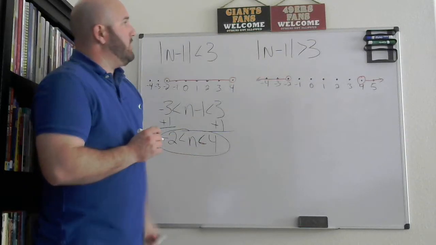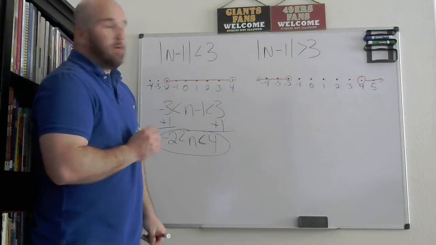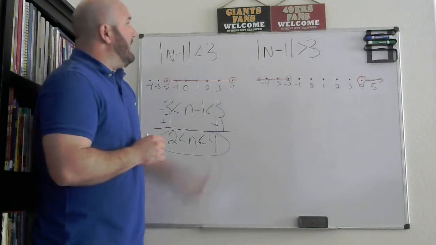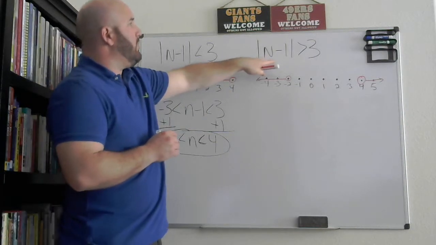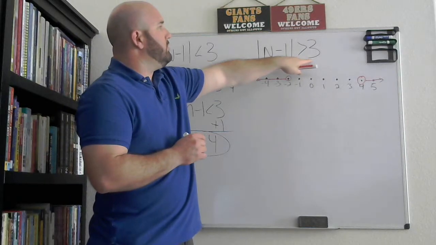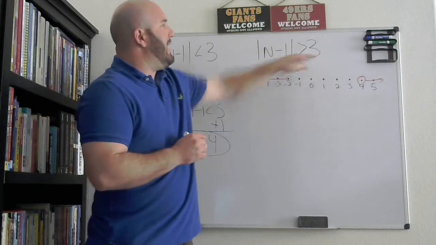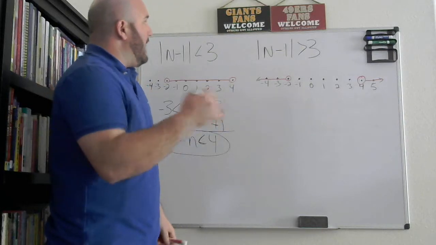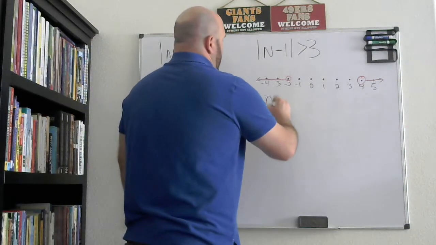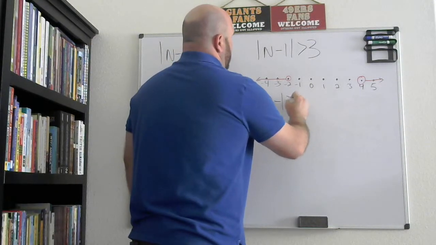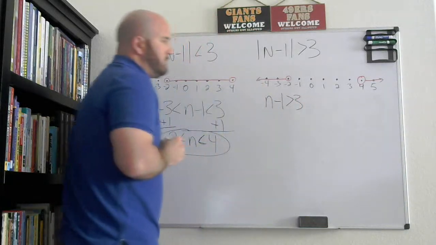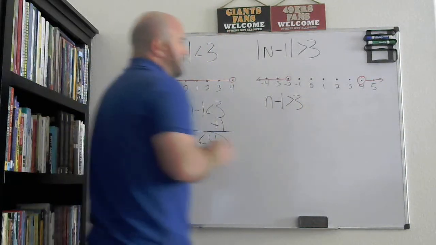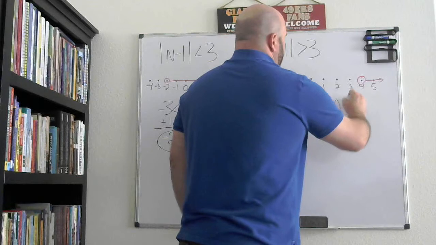Now, how do we do it over here when the solution is greater than? Well, we need to set the equation equal to the positive and negative value. Okay? How do we do that? n minus 1 is greater than 3, and n minus 1.